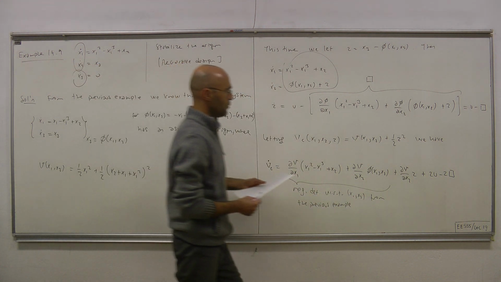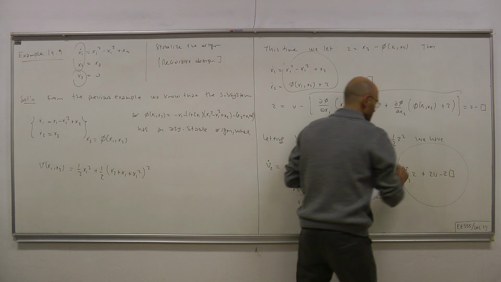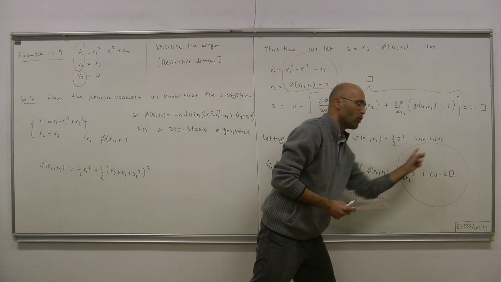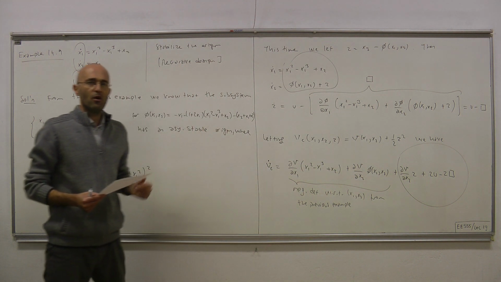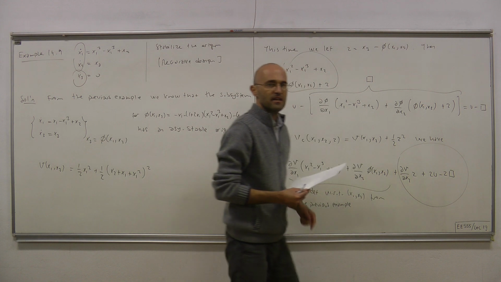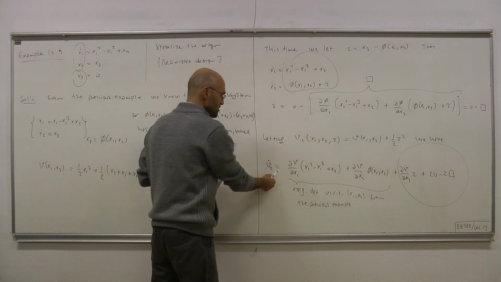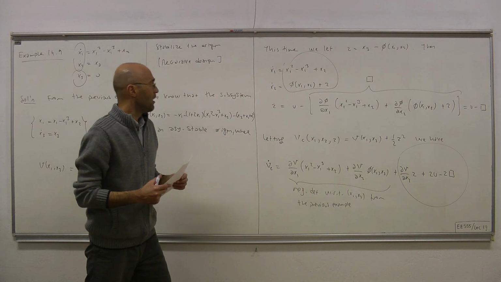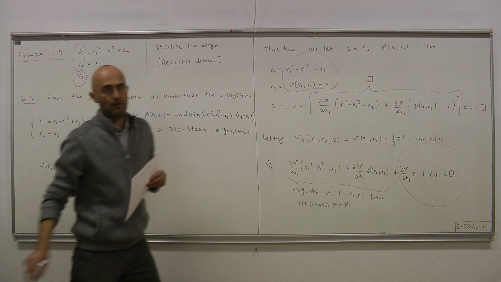And then what we require therefore is to choose an input u such that this term that remains is also negative with respect to at least z. So the whole thing is negative definite with respect to x1, x2, and z, our new state variables.